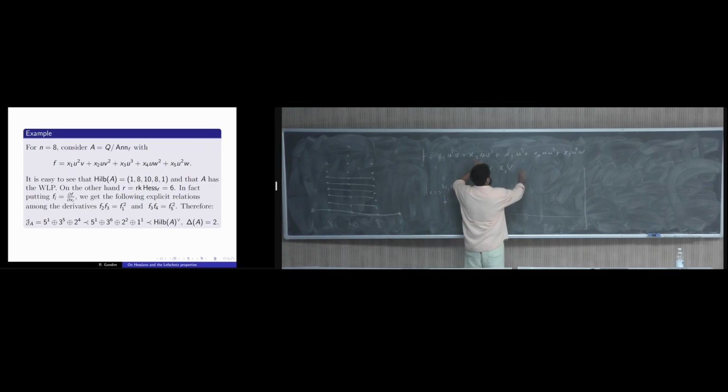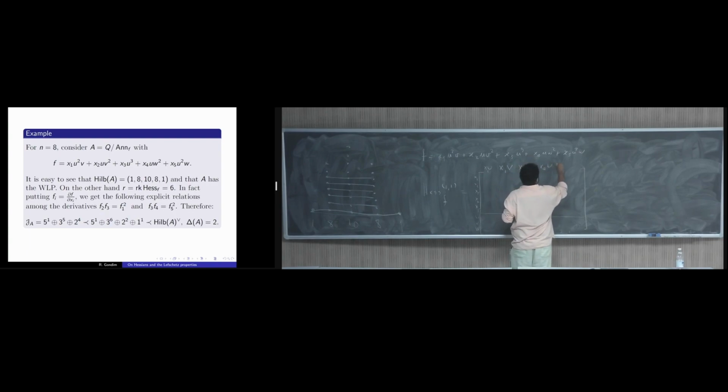Now x2 u, v squared, x3 u is u squared, which is the same. x4 u, x4 w. Okay, that's it. 0 here, something.